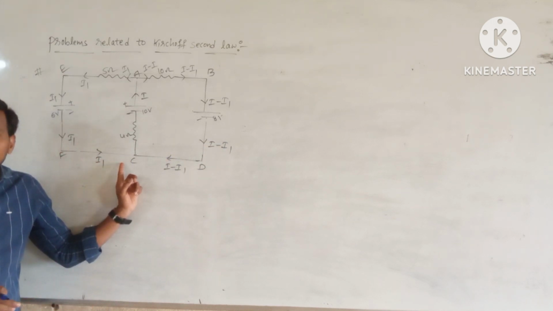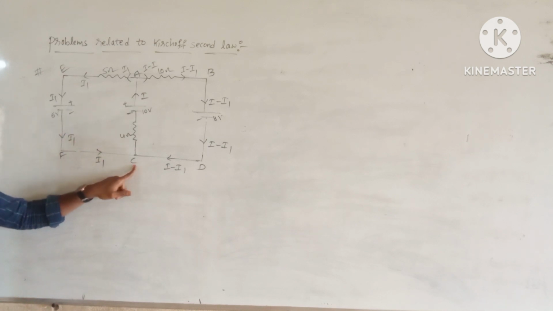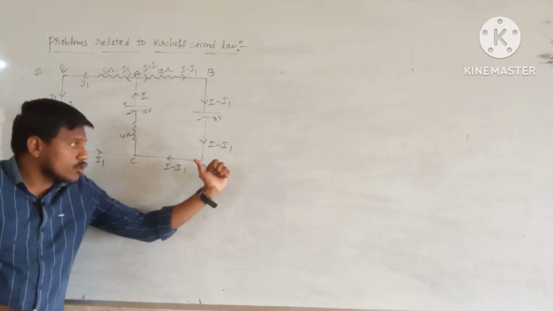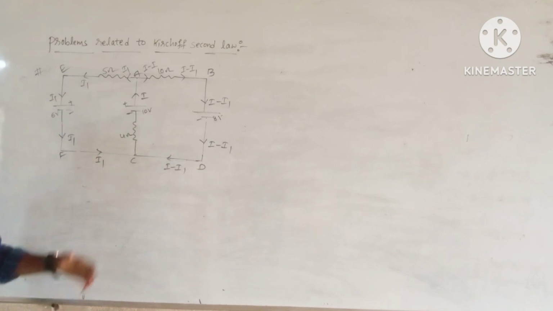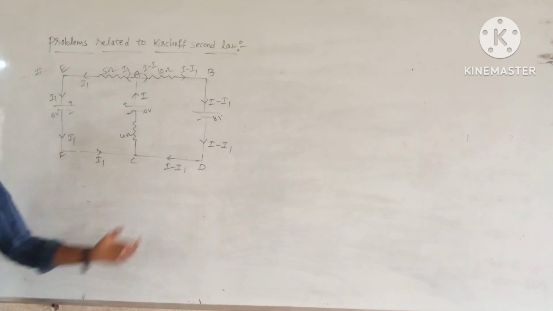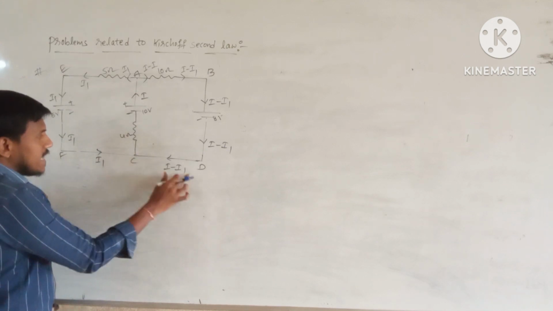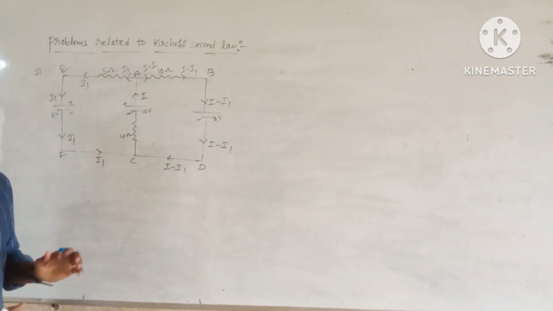Here point C is called a junction. At this point C, I1 current should be passed towards point C, and I minus I1 current also should be passed towards point C. So definitely we add these two currents according to Kirchhoff's current law.